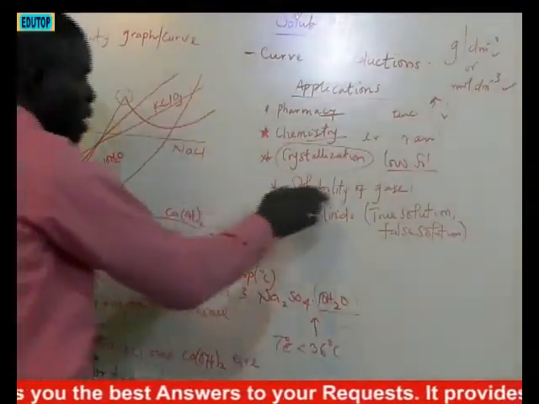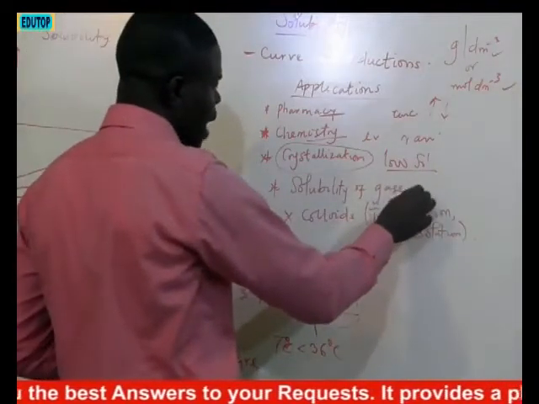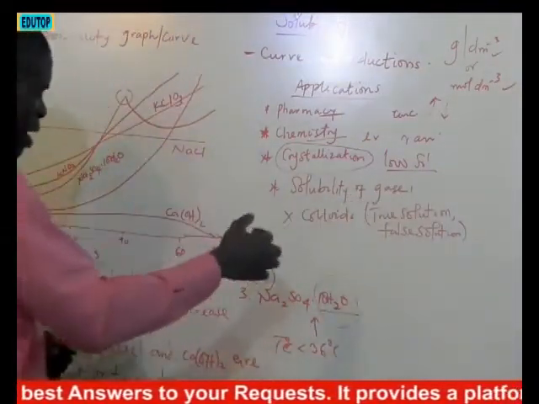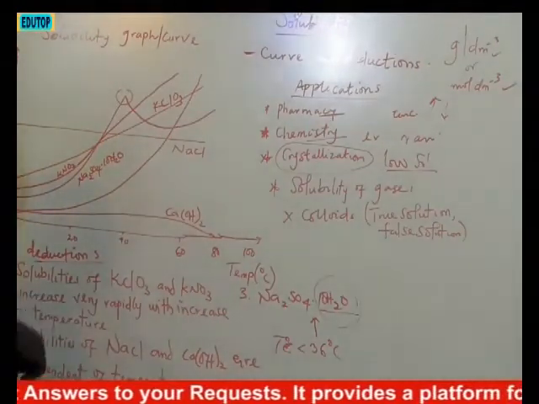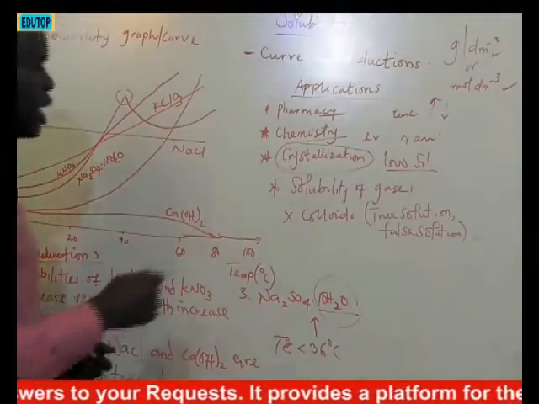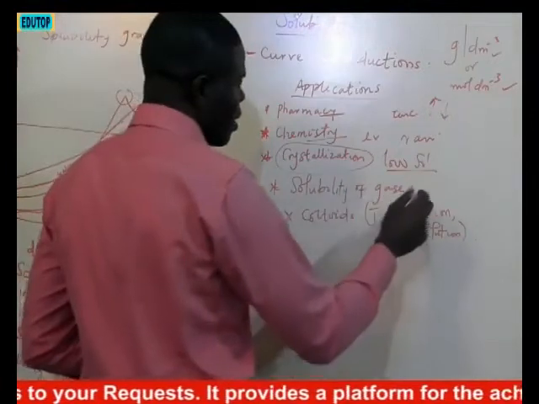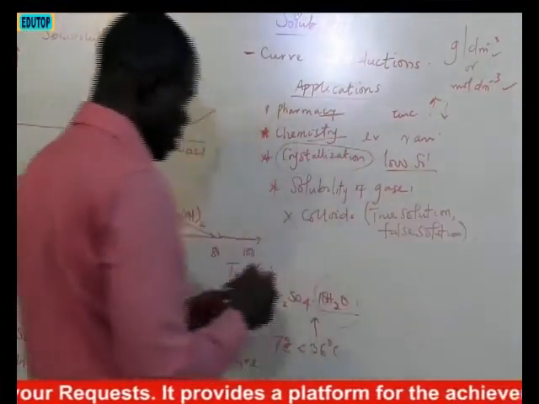Then solubility of gases. Solubility of gases is a reverse case to that of the solubility of solids, because in the case of gases, it decreases with increase in temperature.